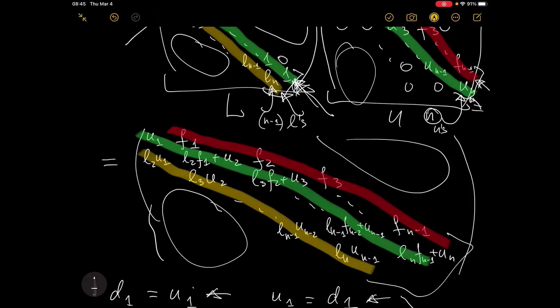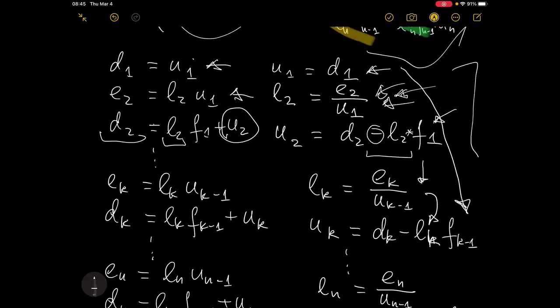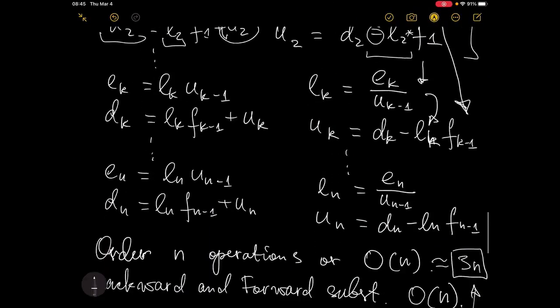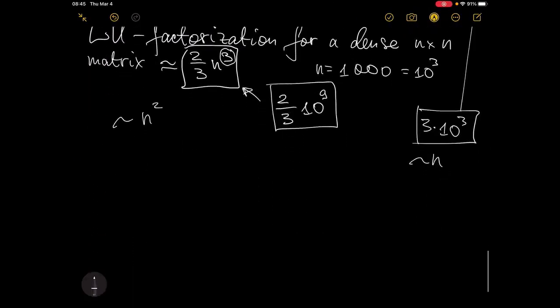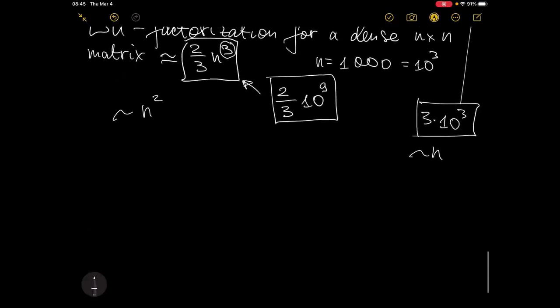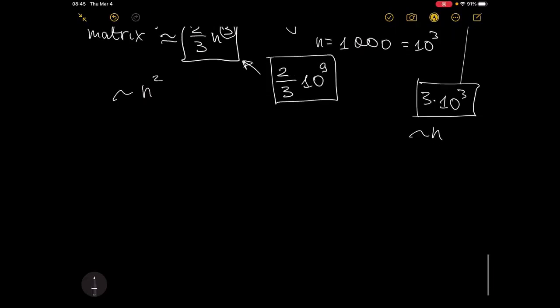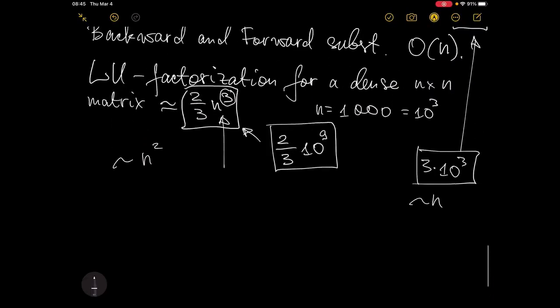Instead of doing that, you can do this in a smart way, using these formulas for LU factorization, and then also performing forward and backward substitutions in a smart way. Instead of n cubed scaling for the solution of the problem with increase of the size of the matrix, you're getting scaling proportional to n.